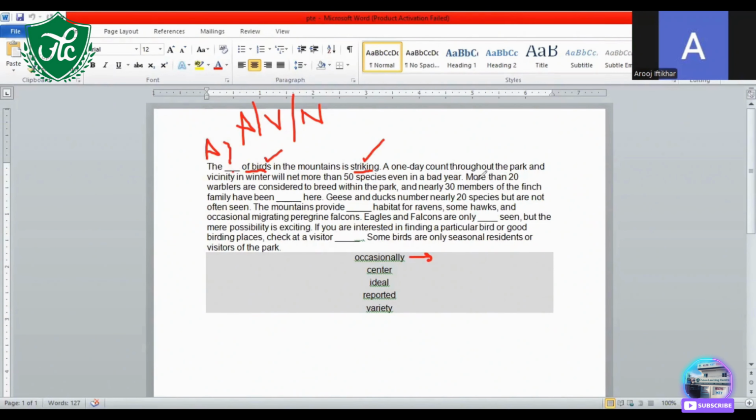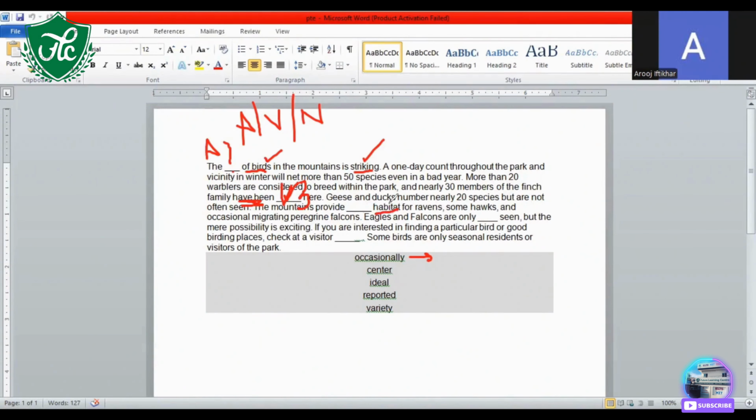Now I'm moving towards this line: nearly 30 meters of the finch family have been dash here. Have been are helping verbs, and after have been, it is quite obvious that we are going to have the third form of the verb. Moving towards the next line: but are not often seen. The mountain is provide dash habitat.